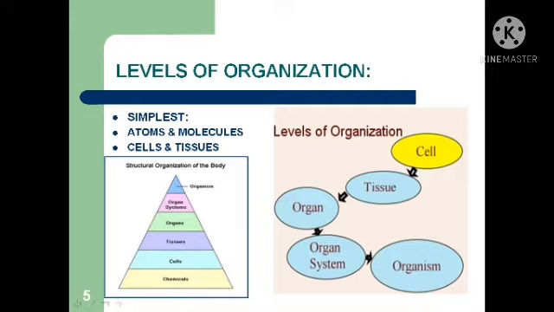The cell is the simplest structure, and the combination of various similar cells form tissues, and the dissimilar tissues gather and form an organ which performs a specific function. The organs then in turn combine to form an organ system, and there are 11 organ systems in the human body. They combine to form an organism, here the human body.